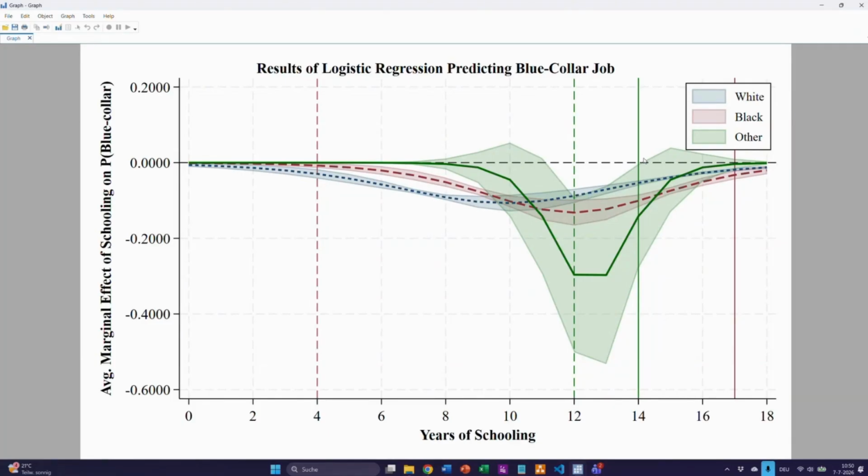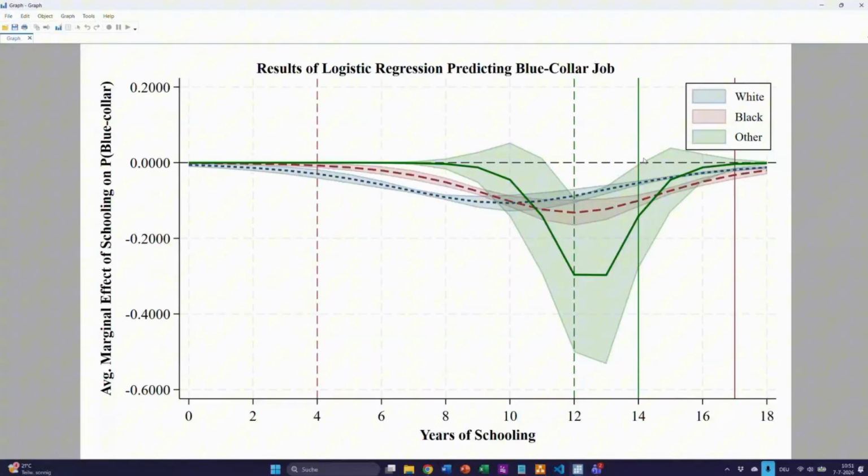So in this way, you can not only test in which range your moderation becomes statistically significant, but you can also visualize it and show it to your reader, to your audience, where exactly these differences matter. For the blue line, the confidence intervals are very narrow, and I told Stata, well, if the whole range is statistically significant, then you don't need to add any lines, and that's exactly what's happening.